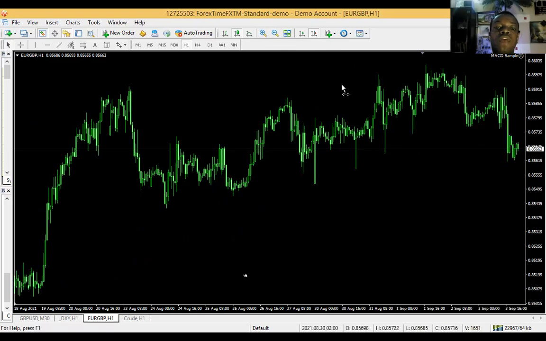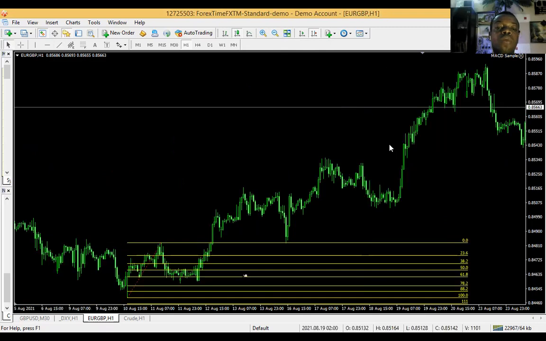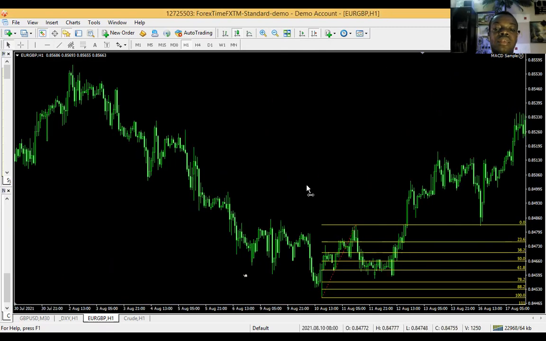What happens if you start Fibonacci from where the market started going up? Remember, the market has been going up all this while from here to this point.